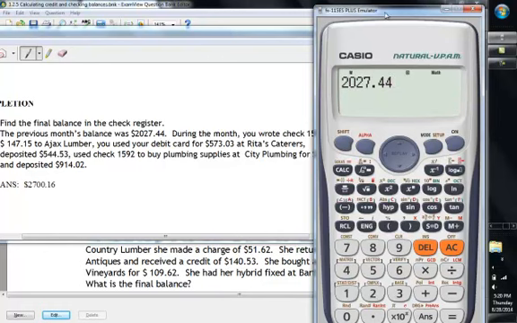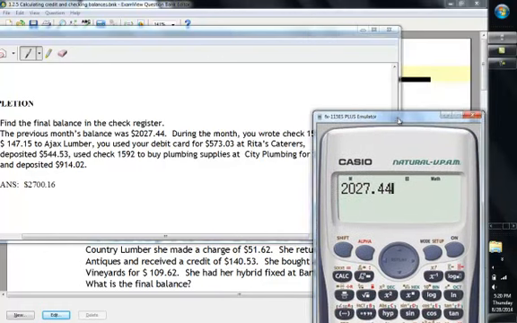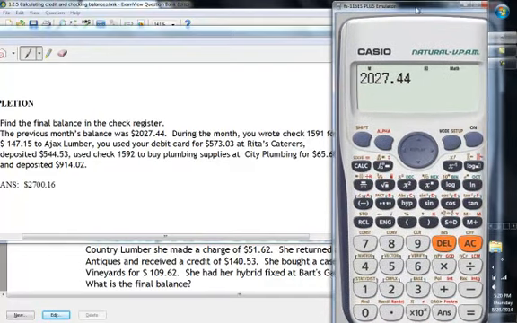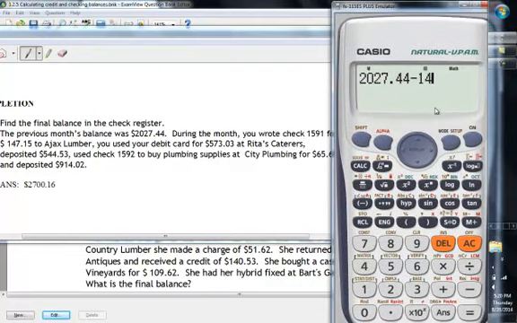$2,027.44. During the month, you wrote a check. So this is a check, so it'll be subtract $147.15. You used your debit card, which also subtracts $573.03. And you deposited, so that adds $544.53.